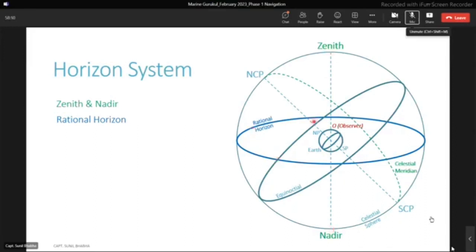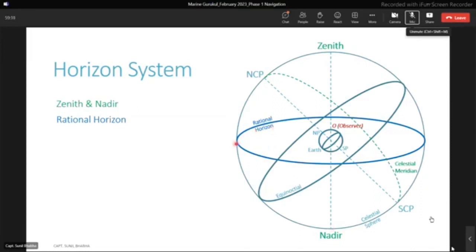So this rational horizon is a very important reference for us as far as the horizon system is concerned. So we use the rational horizon as our reference, and we use these 2 points, the zenith and the nadir, as our references. Now, if you look carefully, the rational horizon basically divides the celestial sphere into 2 parts.